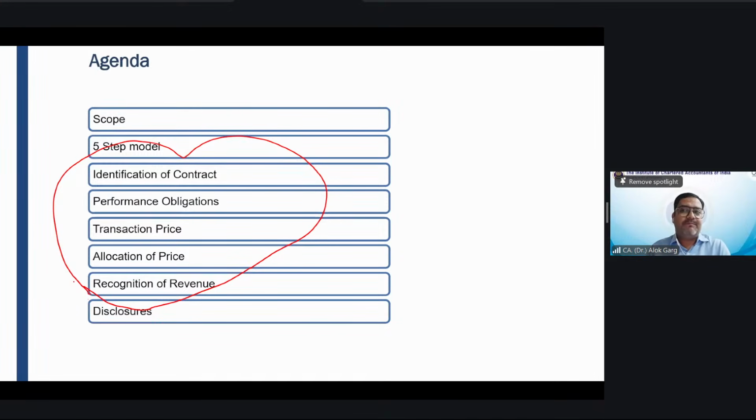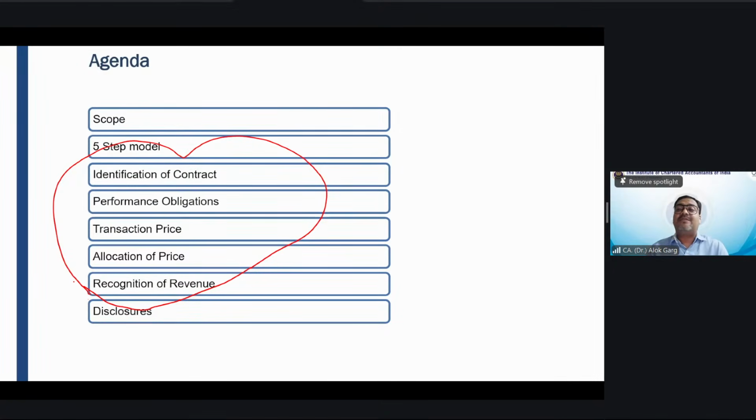The first step: identify whether it is a contract with the customer. Contract could be express, oral, written, you know everything. What is the important aspect in the first step, identification of contract with the customer?